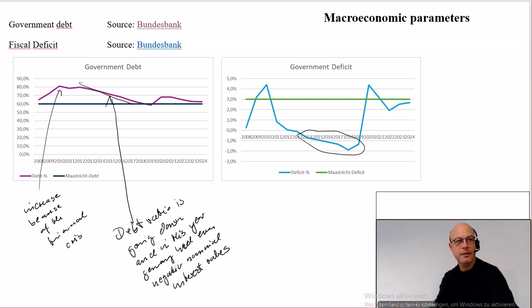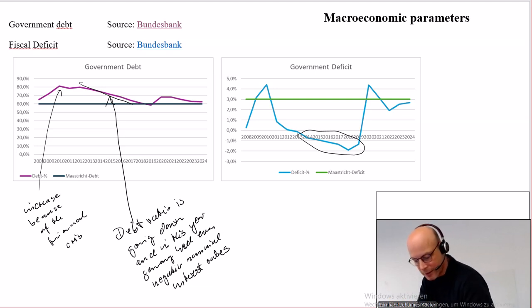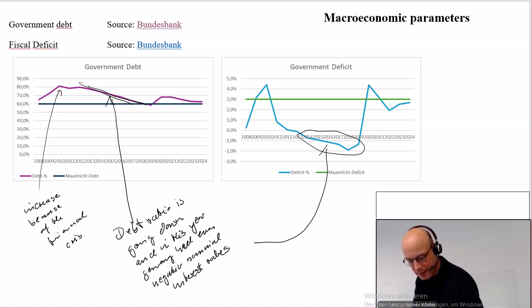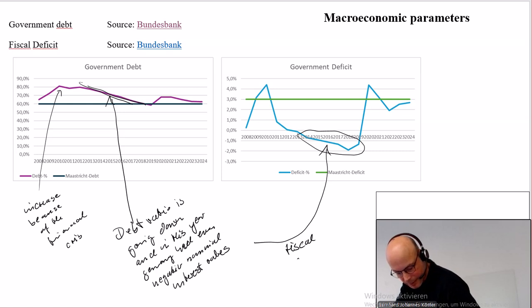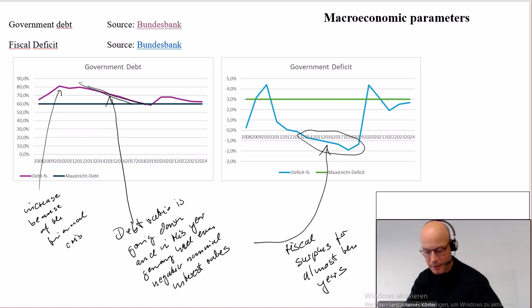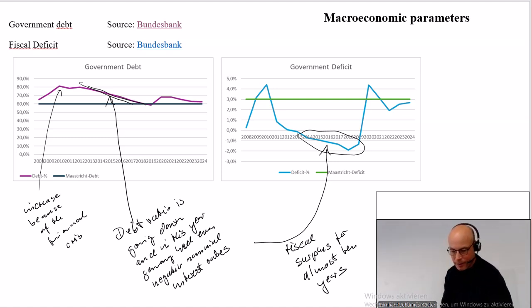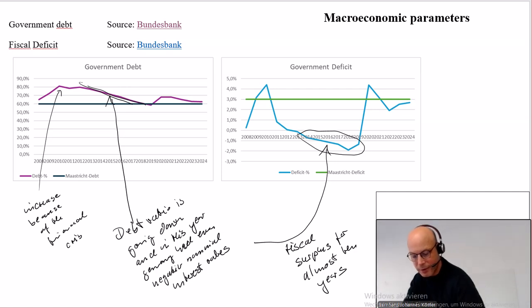Negative means that we had an overall surplus in the fiscal balance. So here, corresponding to this downturn, we had a fiscal surplus for almost 10 years. And then, of course, it increased.